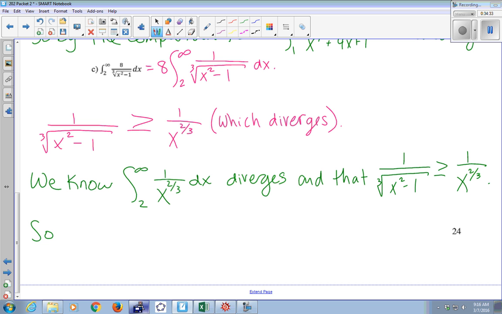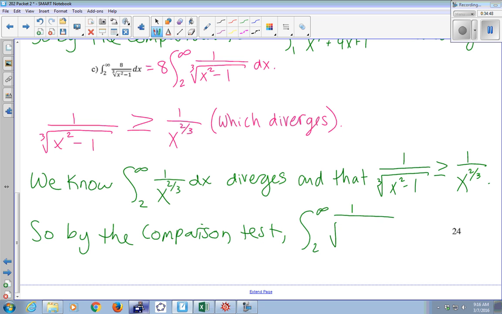So by the comparison test, the integral from 2 to infinity of 1 over the cube root of x squared minus 1 dx must also diverge.